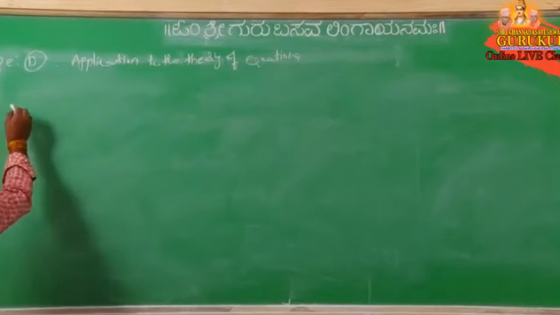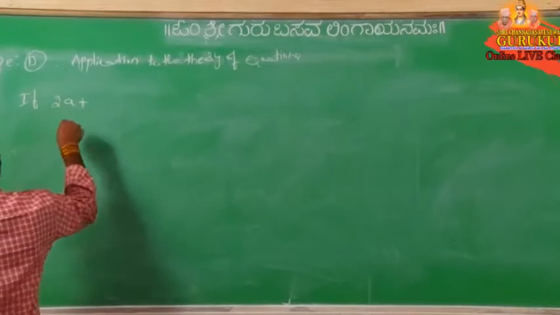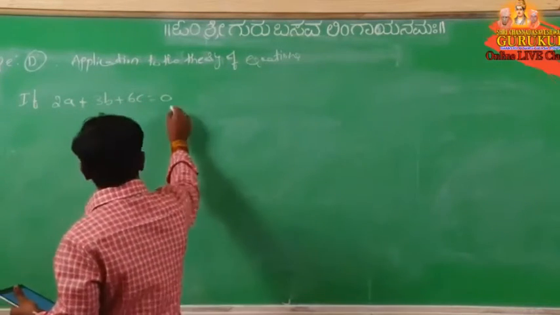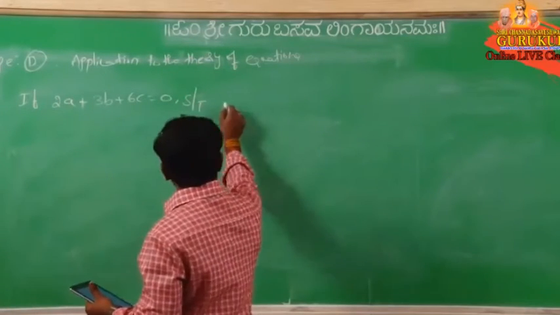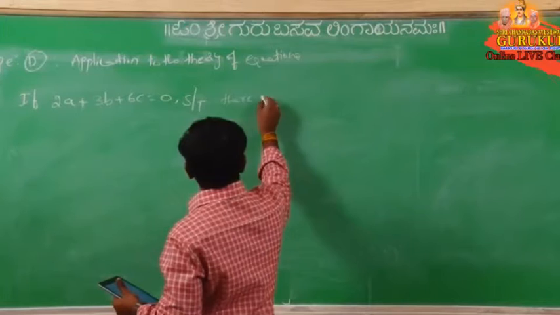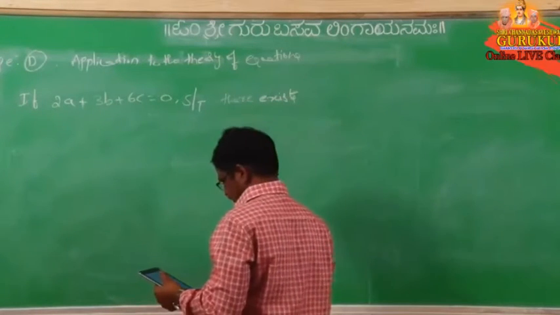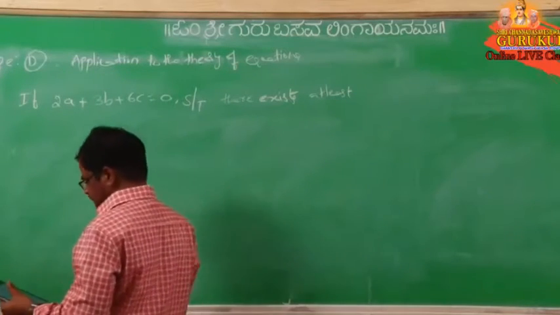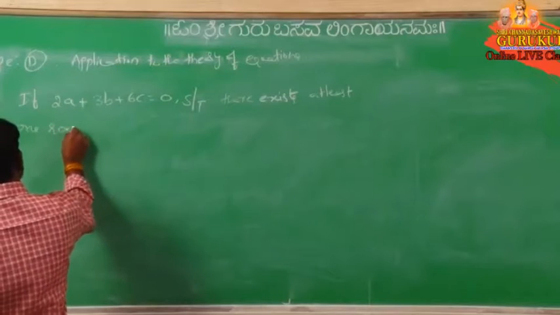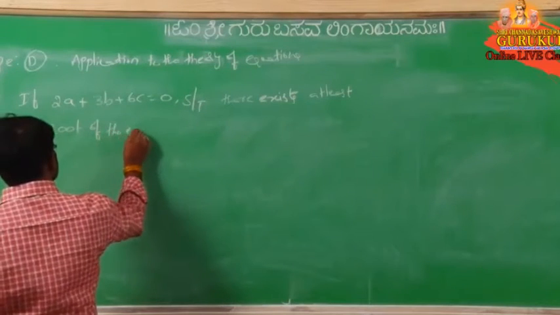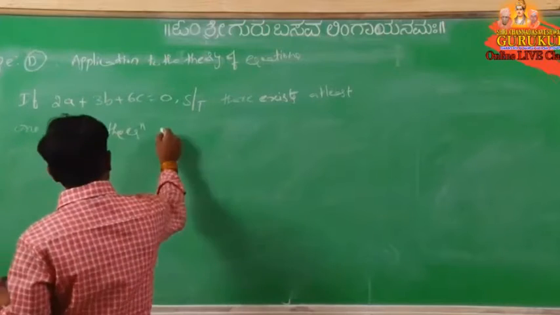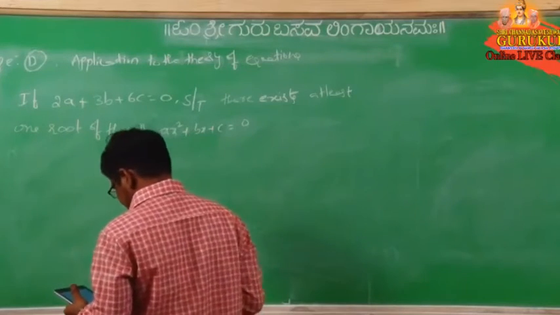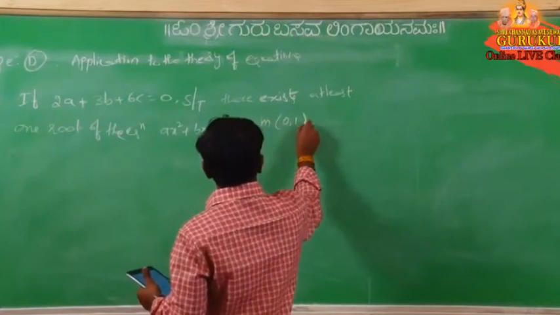The first problem is, if 2a plus 3b plus 6c equal to 0, then show that there exists at least one root of the equation ax square plus bx plus c equal to 0 in the interval (0, 1).